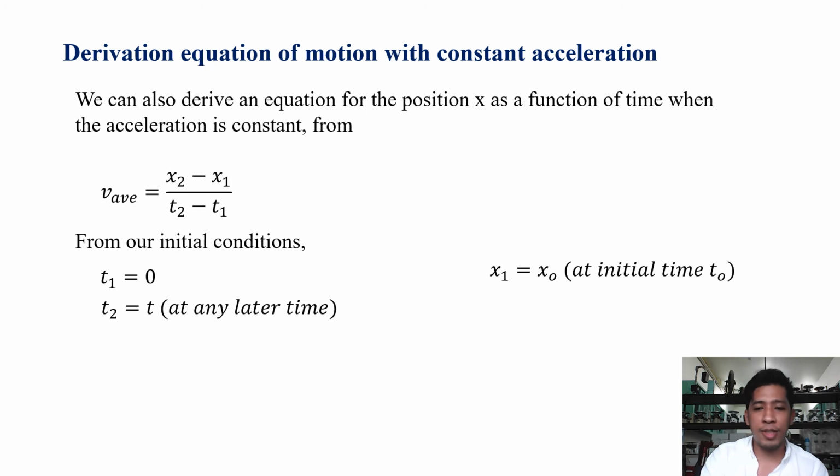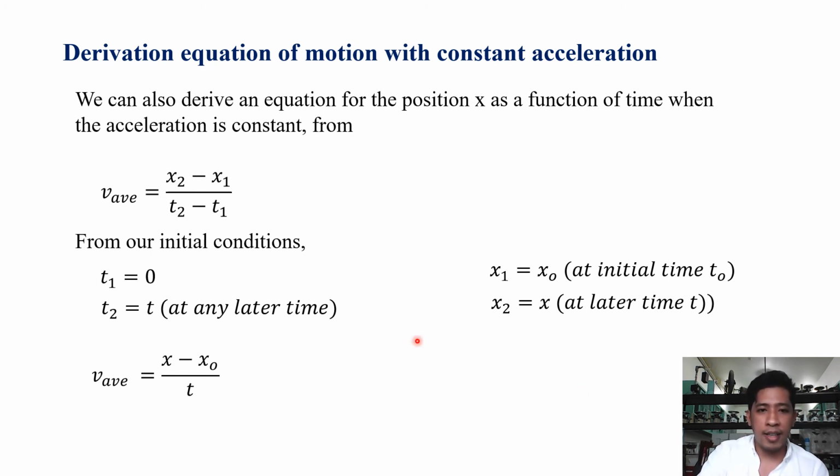And we let your t2 be equal to t to refer to any later time, and at any later time, your x2 is equal to x. From that, you're going to use these expressions and substitute this one into this equation, and we get your v average is equal to x minus x0 over t. And we'll refer to this one as equation 2.